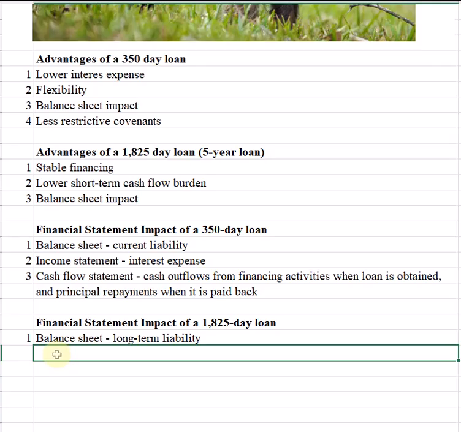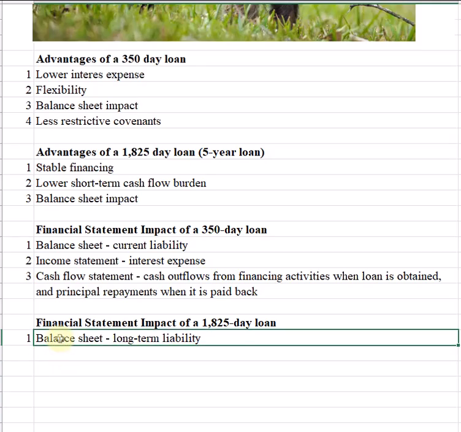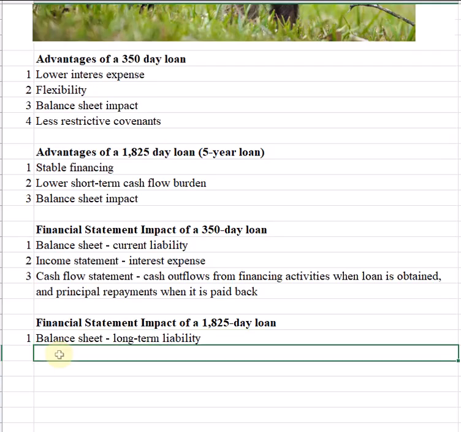Okay. Now, if that full loan isn't paid back entirely until the 5th year, we will not see a reclassification until we produce financial statements at the end of the 4th year, because now it would all be due within the next year, which would move it to a short-term obligation when we prepare the 4th year's financial statements.